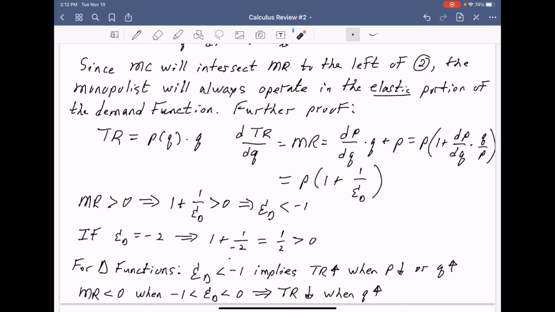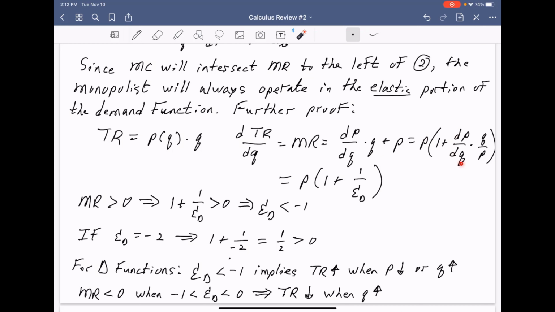And we rearrange that. We take the price out, and we get 1. We've just reorganized this, so this is our 1 here, times dP/dQ times Q over P. So we divide this by P in order to be able to take that P out.